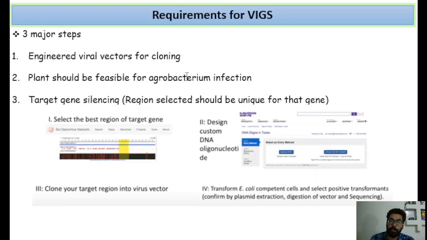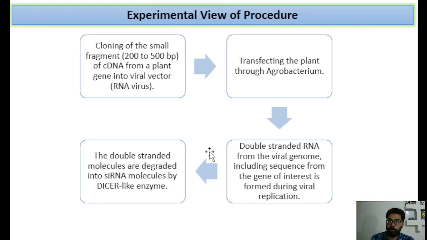Then the target gene silencing needs a particular region of the gene that is unique to that particular gene. This is the major step. So we usually select a 200 to 300 base pair or 150 to 300 base pair unique sequence that we will clone in the virus vector and perform the experiment.